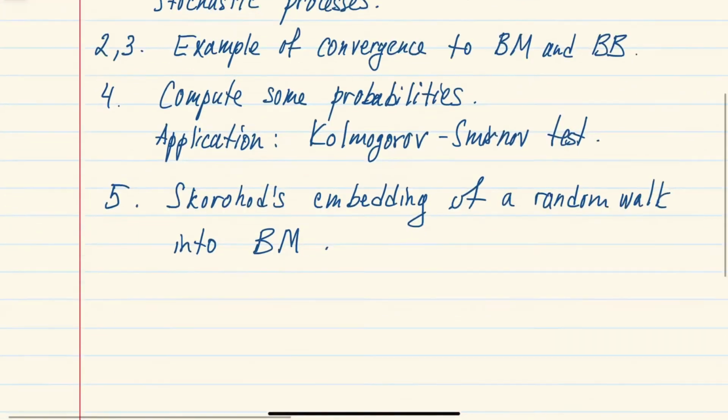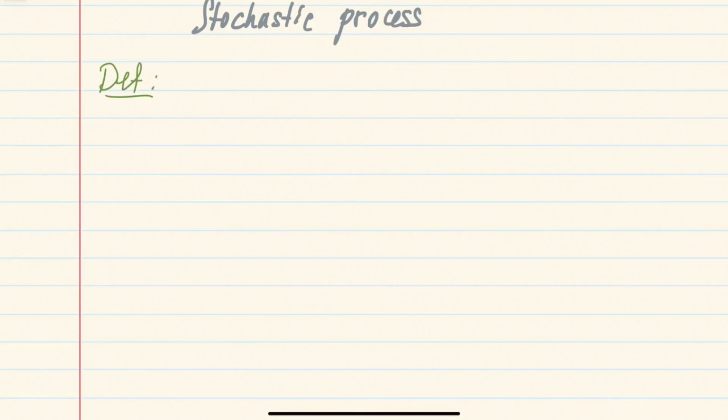Right, so right now let's start with the definition of a stochastic process. So what do we mean by a stochastic process? The definition of a stochastic process is simply a collection of random variables indexed by some set. We consider some probability space Omega with sigma algebra F and the probability P on it.